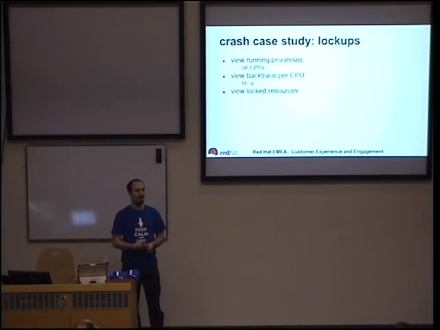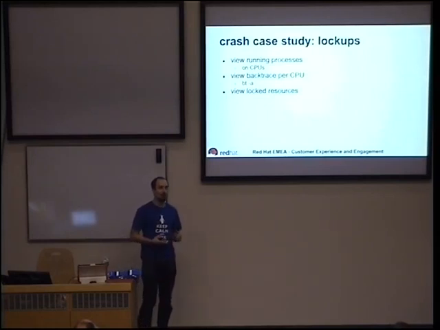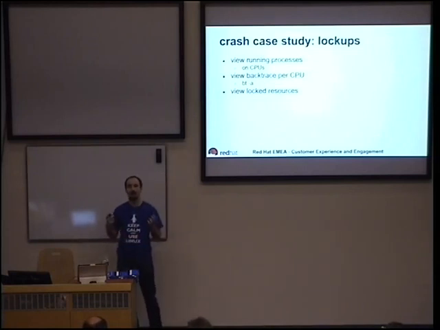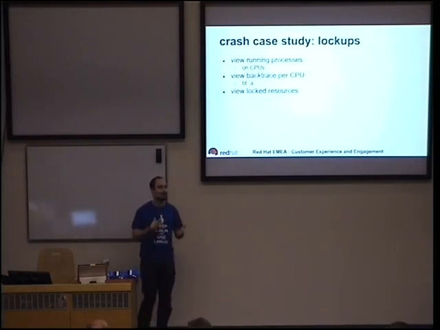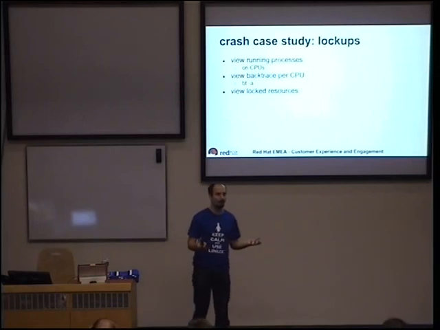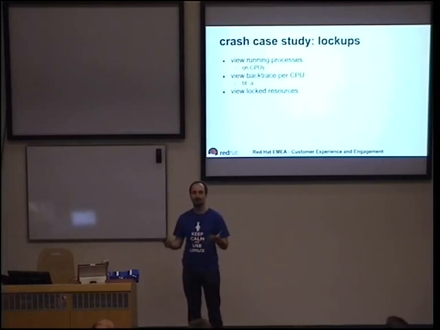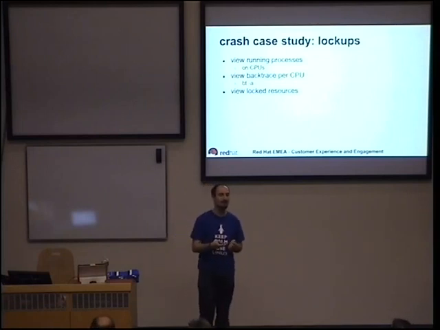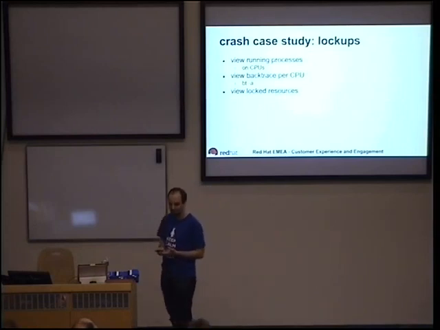Lockups. You would have a problem where the system froze because there was a resource being used by several processors. You can end up in a deadlock situation where all of the CPUs were stuck on an instruction and no new tasks were able to be scheduled on those CPUs. The generic deadlock situation.